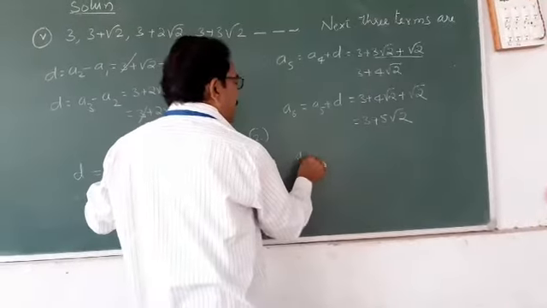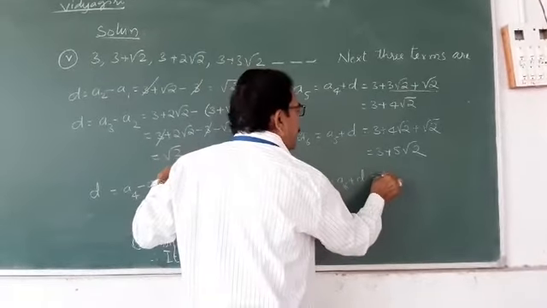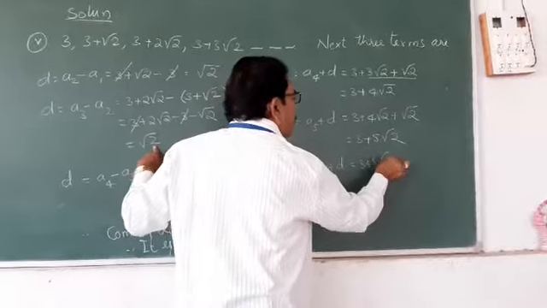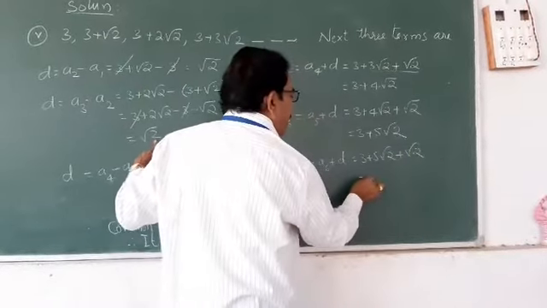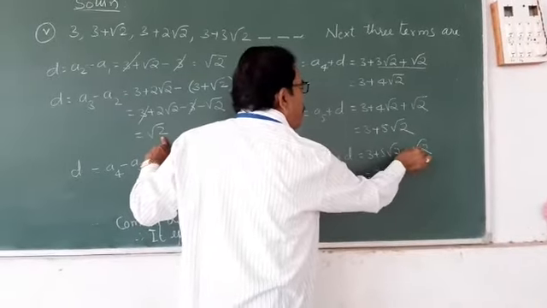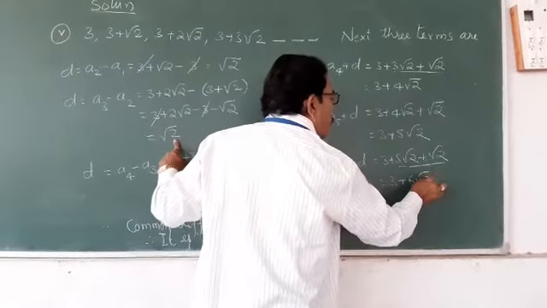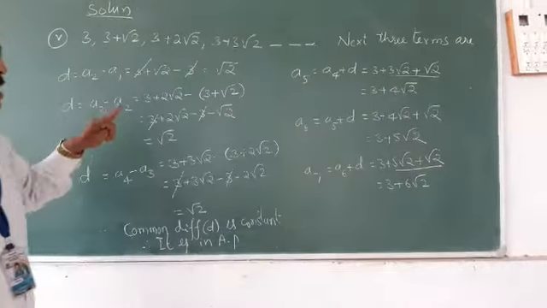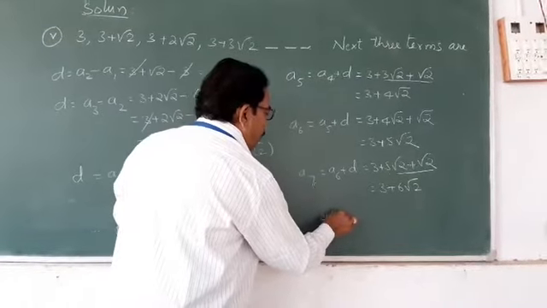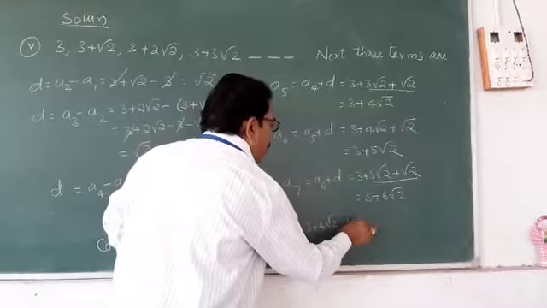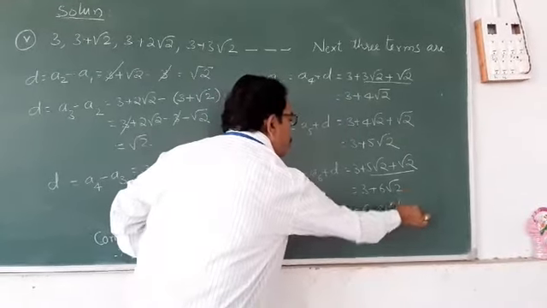Then a7 equals a6 plus d. a6 is 3 plus 5 root 2, plus root 2, that is 3 plus 5 root 2 plus 1 root 2. Like terms are there, that is 6 root 2. See, the next three terms are 3 plus 4 root 2, 3 plus 5 root 2, 3 plus 6 root 2.